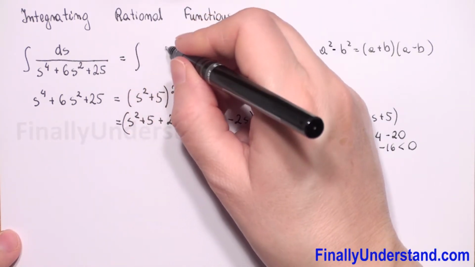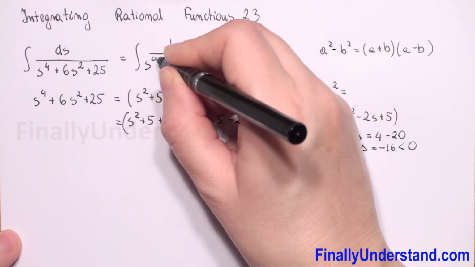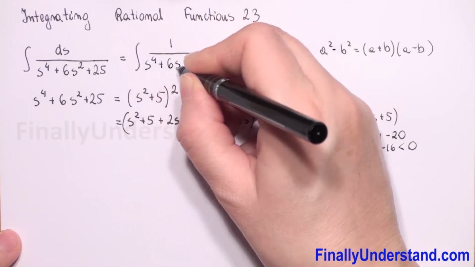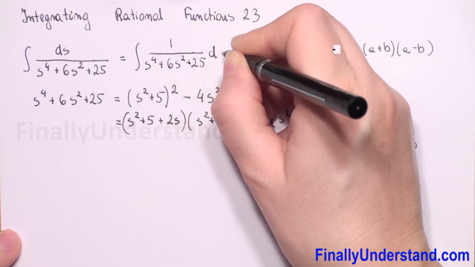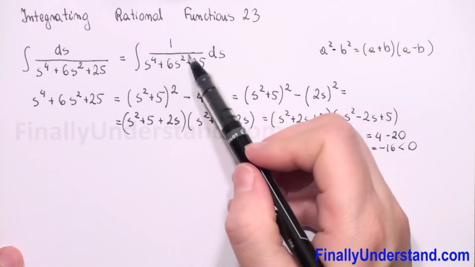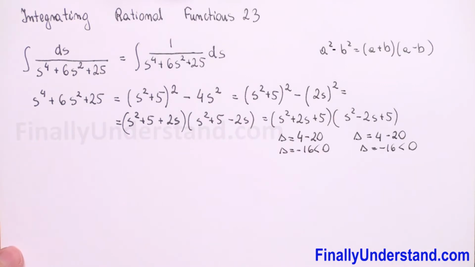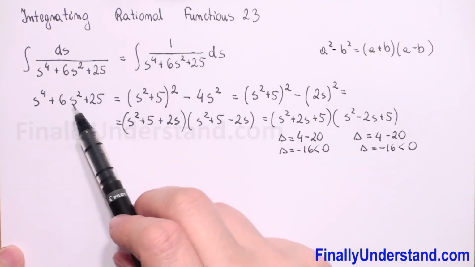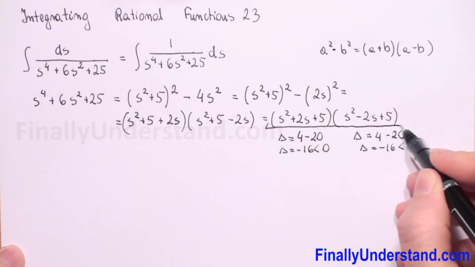It means we can rewrite, let me rewrite this integral one more time. We have the integral of 1 over s to the 4th power plus 6s squared plus 25 with respect to s. So now I can rewrite our rational fraction as a sum of partial fractions, because we factorized our denominator. This is our denominator now.